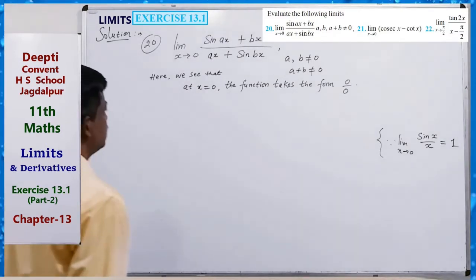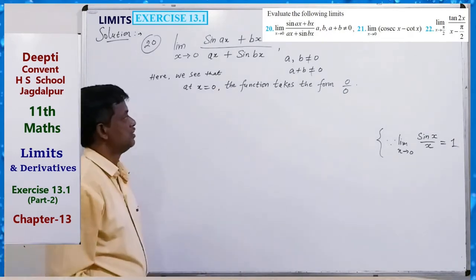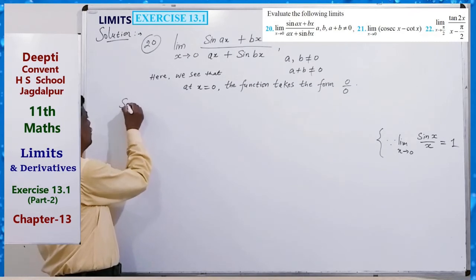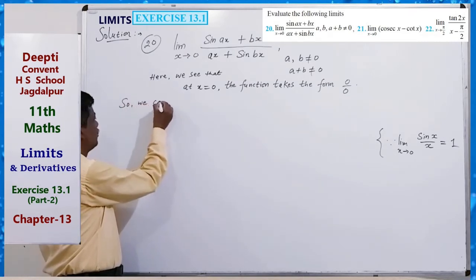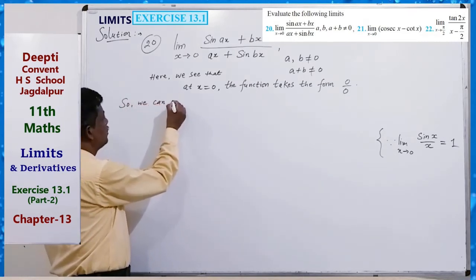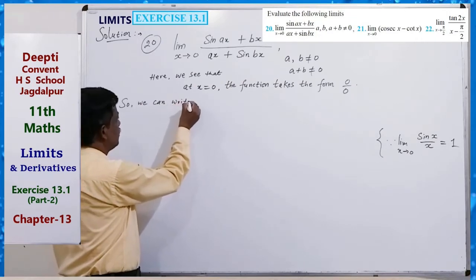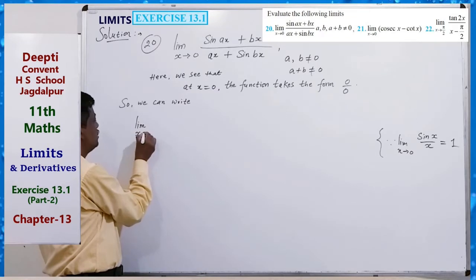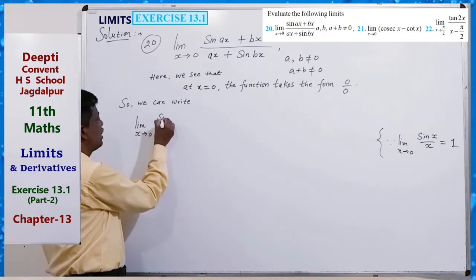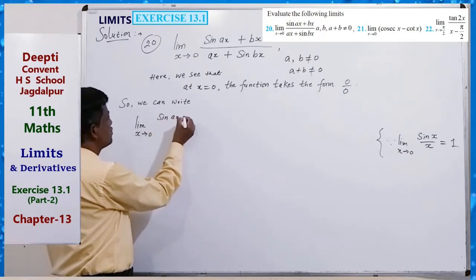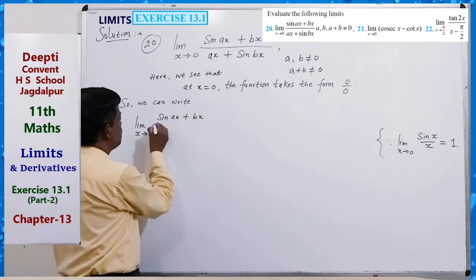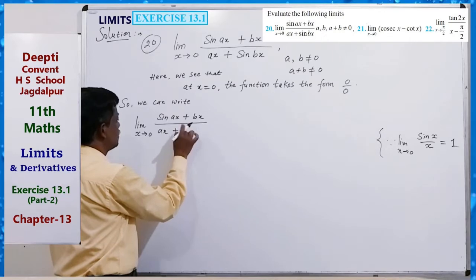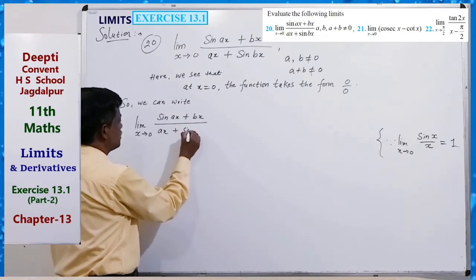Okay, so here we can write limit x tending to 0 of (sin ax plus bx) upon (x plus sin bx).